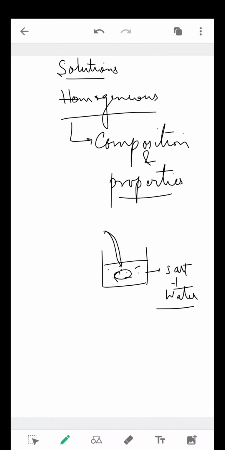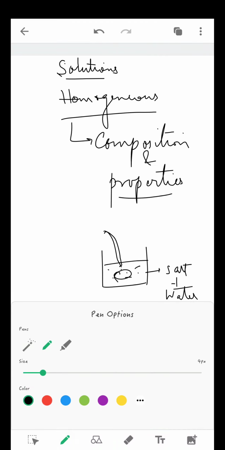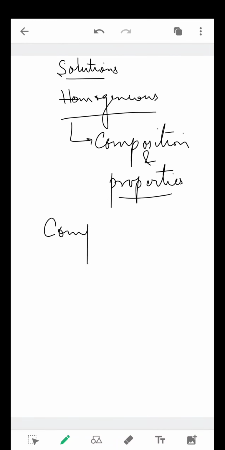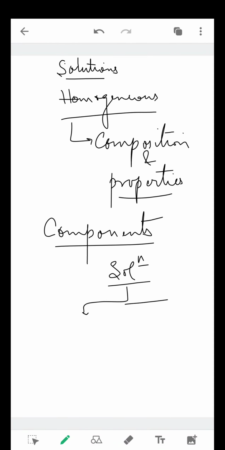Now in such a mixture, I am repeating this term, components of mixture. So what is this component of mixture? Let's understand this. The components of a mixture are nothing but the substances by which the mixture is made. So basically the solution is made up of two components. First one is the solute and the other one is the solvent.